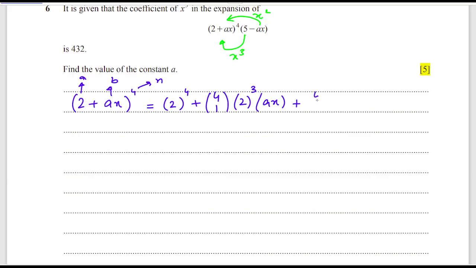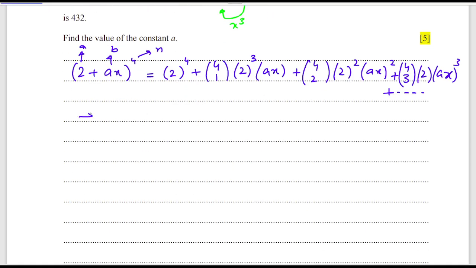So the next term will be 4C2 times 2 raised to the power 2 times ax raised to the power 2. So this is the term involving x square. The next term will be 4C3 times 2 times ax cube, which is the term involving x cube. We need these two terms, so stop here.